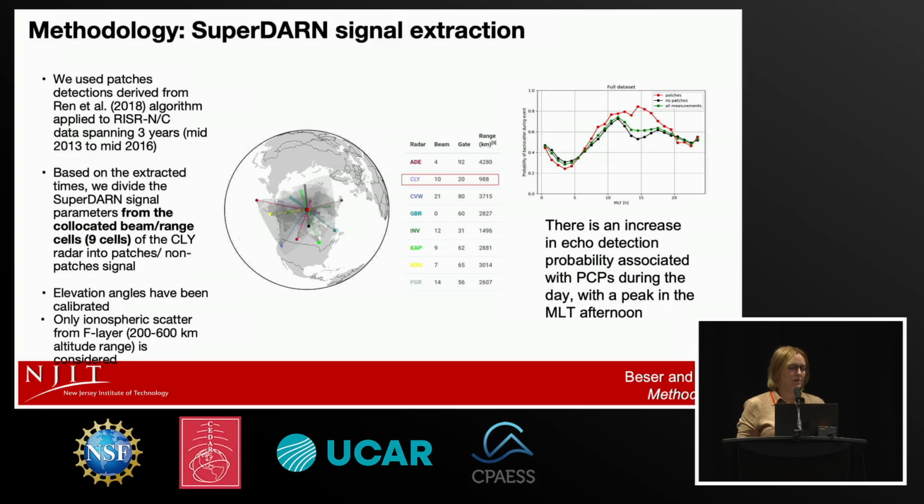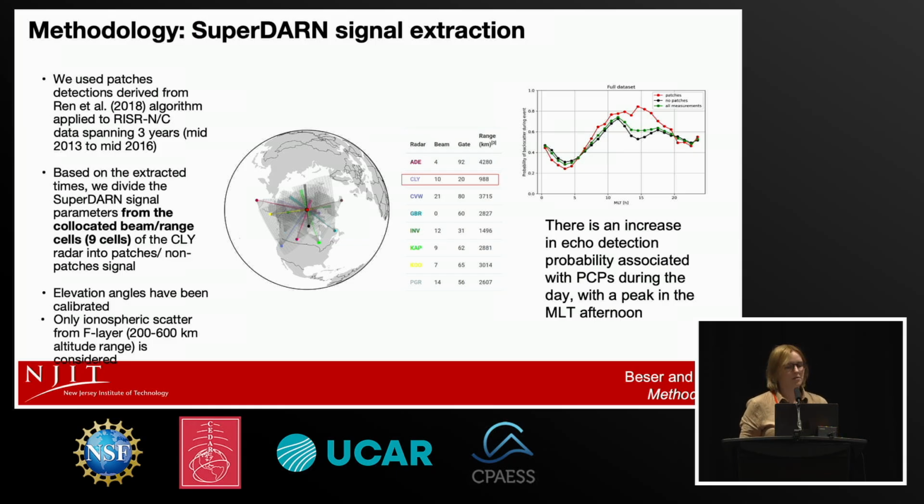We use the collocated range beam cells; actually, this is an average of 9 neighboring cells centered on the RISR radar. Elevation angles have been calibrated, so we have information about the elevation of the backscatter signal, and only ionospheric scatter from the F layer was considered.